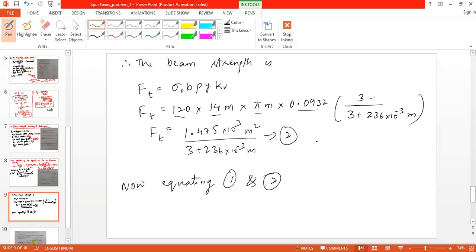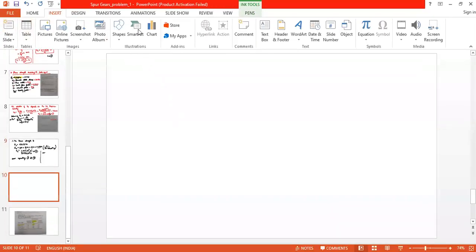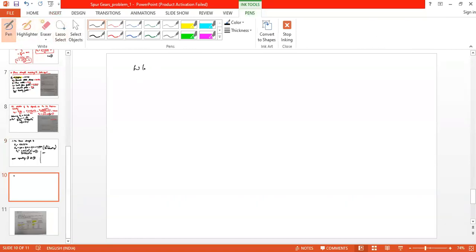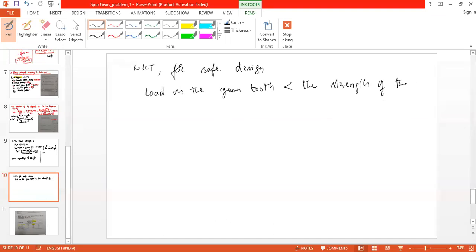Now, we know that for safe design, the load on the gear tooth must be less than the strength of the tooth. Is this statement correct?